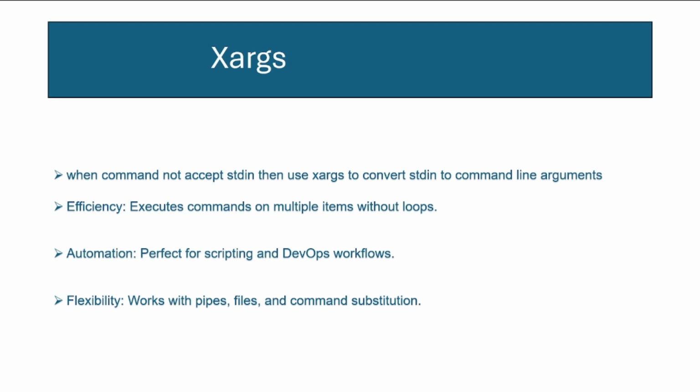But xargs provides standard input to a command as a command line argument. For example, many commands do not accept standard input. So where does xargs come into the picture? Let me show you a proper example.